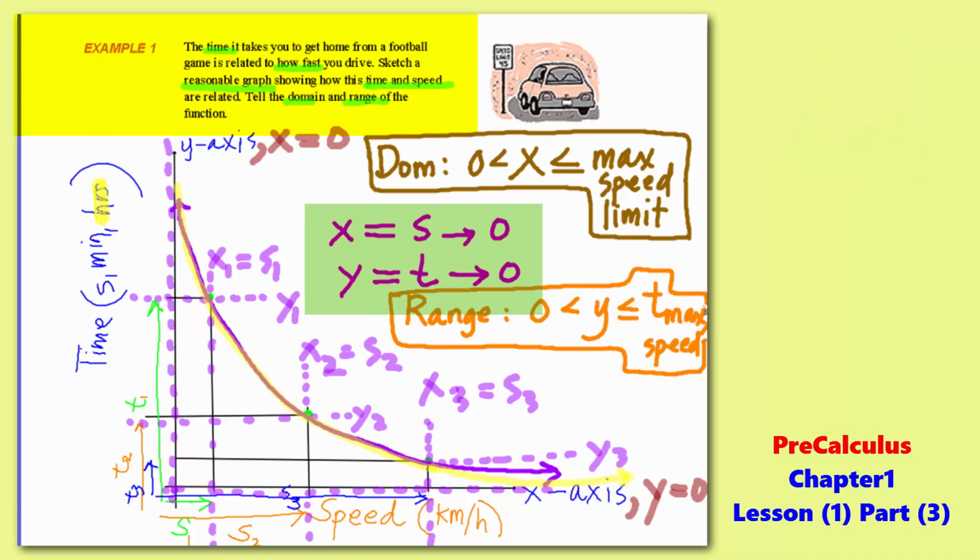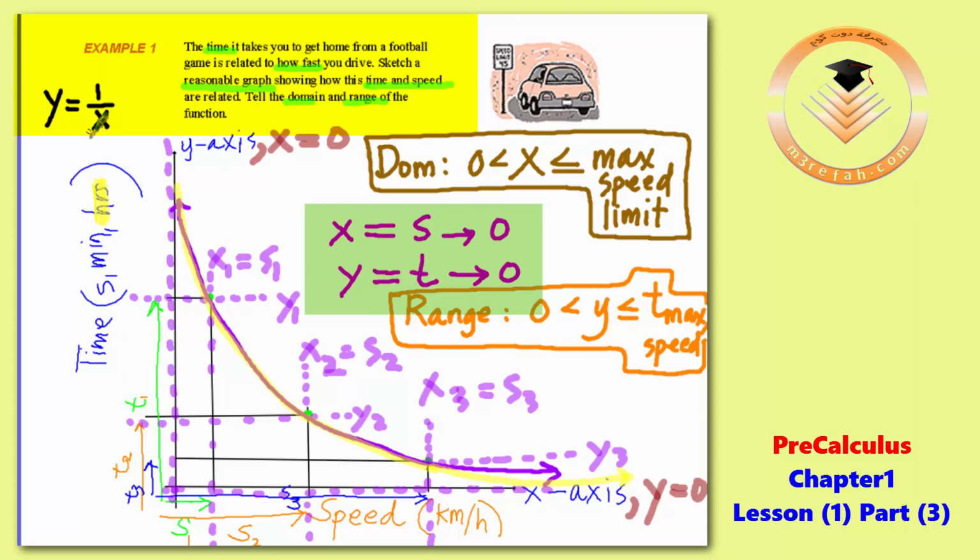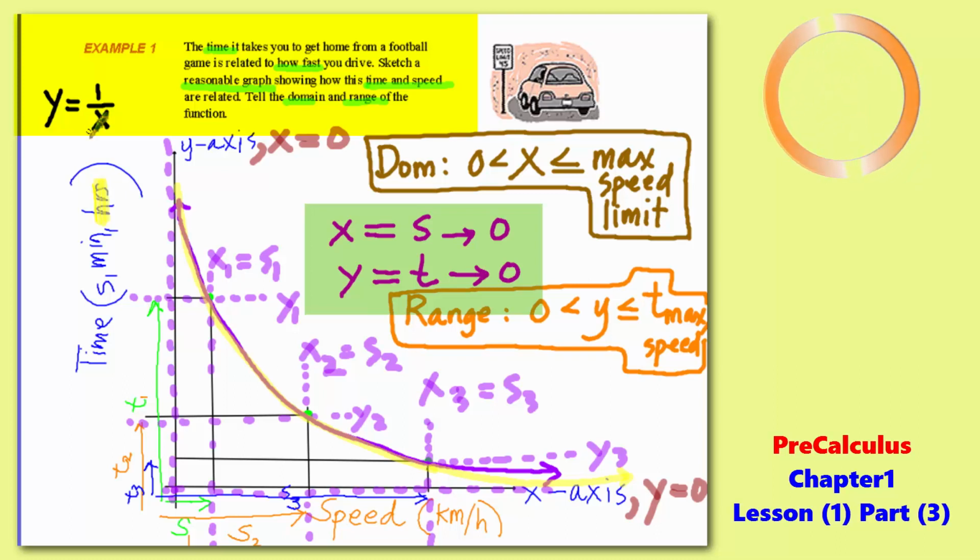By inverse relationship it means that, okay, let me explain this in terms of a certain relationship. So it's like 1 over x. If your x goes up, your y will go down.